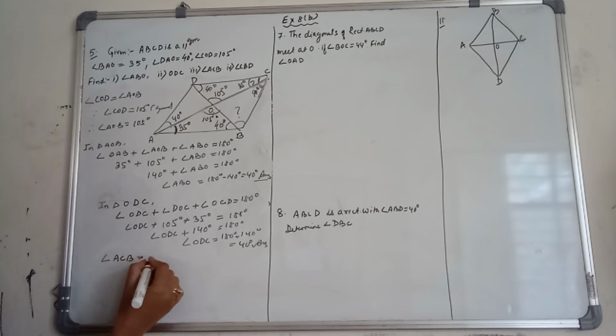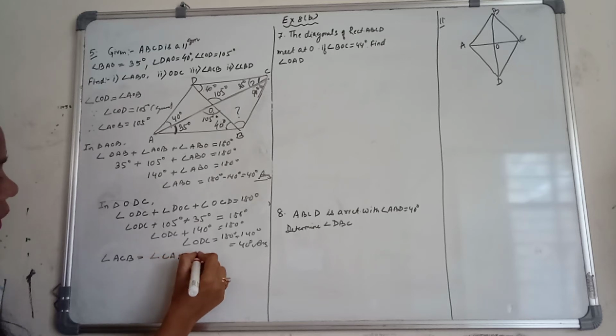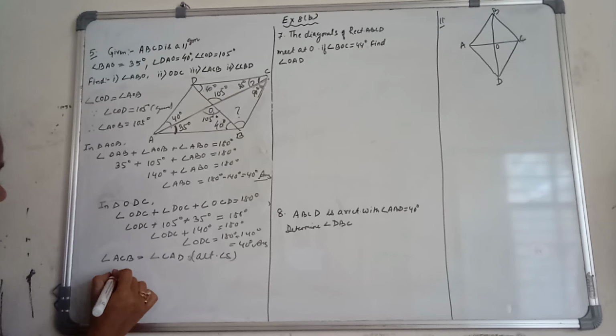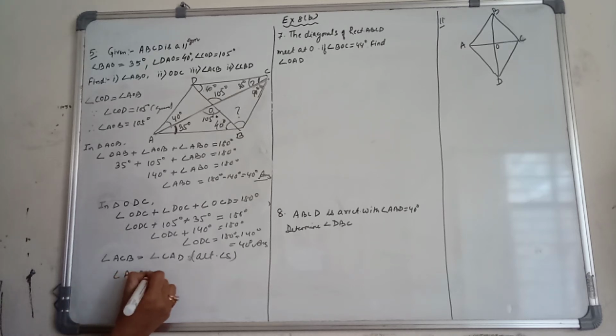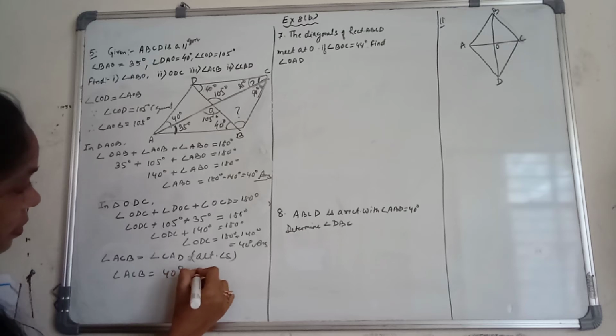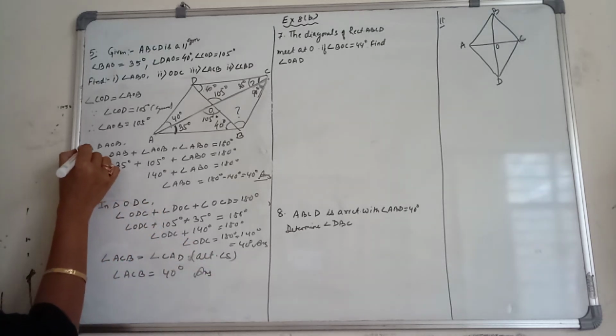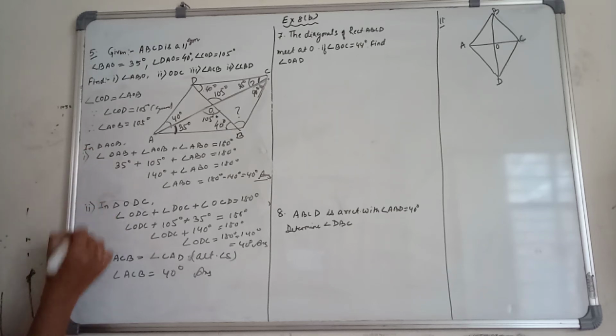So angle ACB is equal to angle CAD, alternate angles. So angle ACB is also equal to 40 degrees. So this is another answer. This one is your first answer, this is your second answer, this is your third answer.